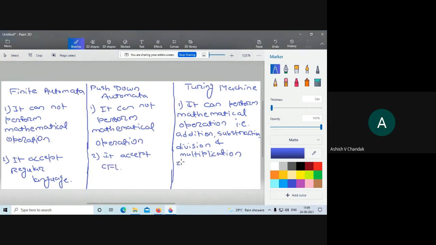Turing machine accepts context-sensitive language. So this is the description of finite automata, pushdown automata, and Turing machine.